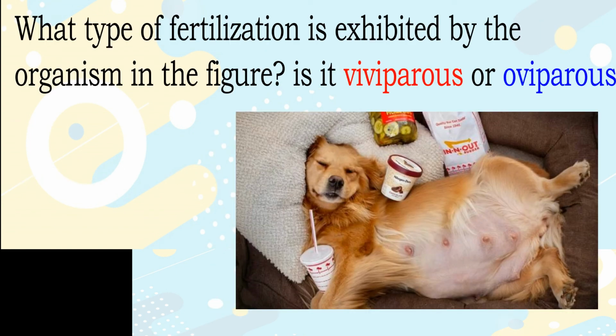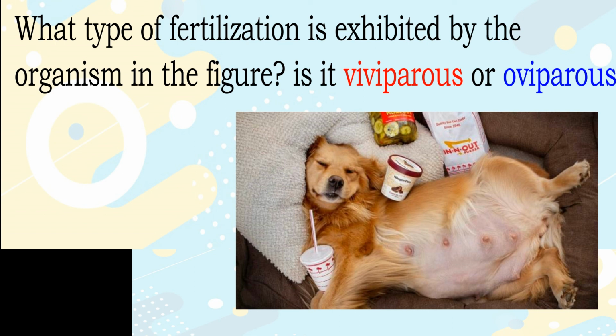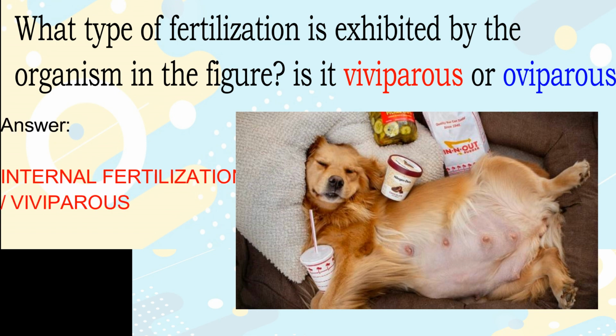Next, what type of fertilization is exhibited by the organism in the figure? Is it viviparous or oviparous? Okay, dogs exhibited internal fertilization and also they are viviparous.